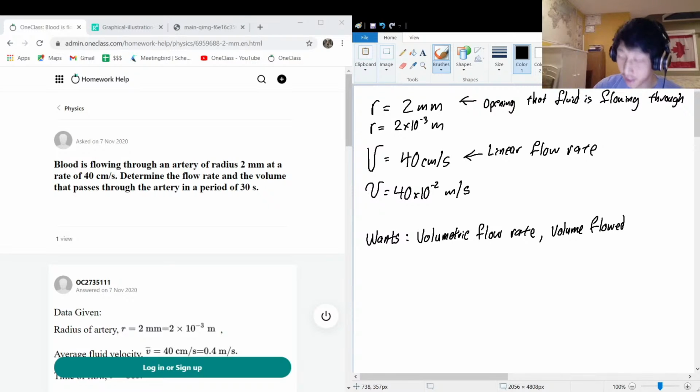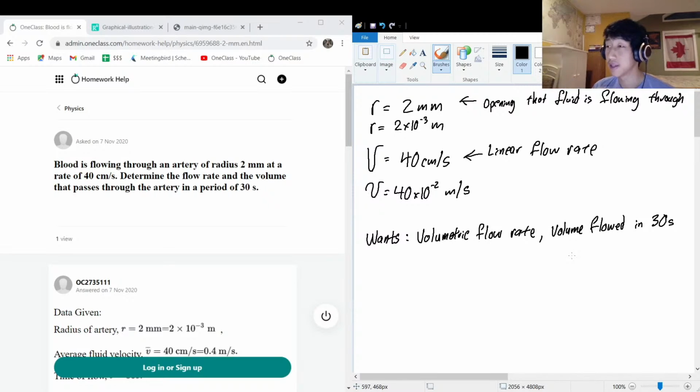The volume flowed in 30 seconds. Okay, so let's get the volumetric flow rate. So we're given the radius of the opening and the linear velocity, which is like the length of stuff that goes through, but we need to just get the volumetric stuff, we have to multiply that by the area of the opening that is flowing through. And we're going to assume that the flow rate is always constant.